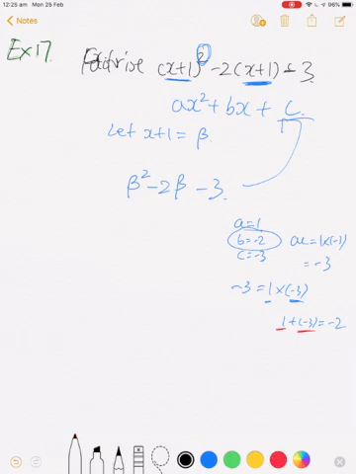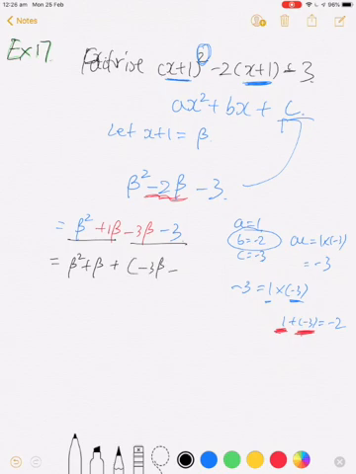So coming back to the question, it will be equal to beta squared, and this minus 2 beta will be separated into the two factor form. So it gives me beta, 1 beta, and negative 3 beta, minus 3. Now we can just continue to do the grouping. So we have beta squared plus beta, and keeping that negative sign, minus 3 beta minus 3.